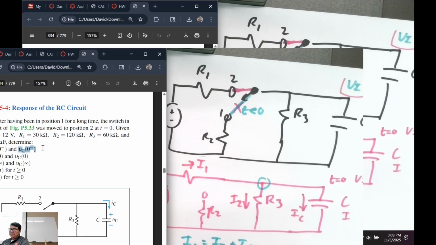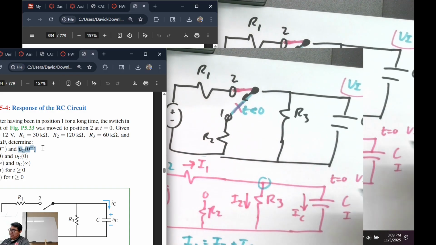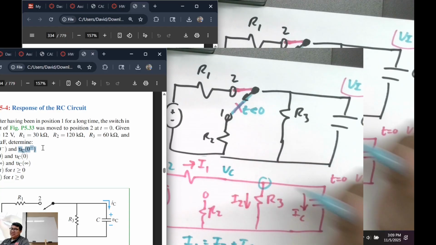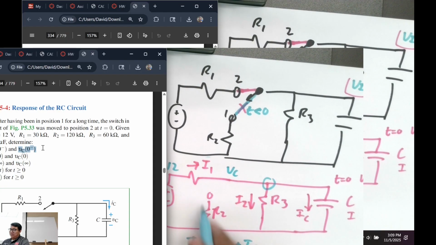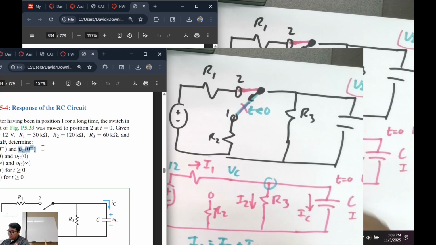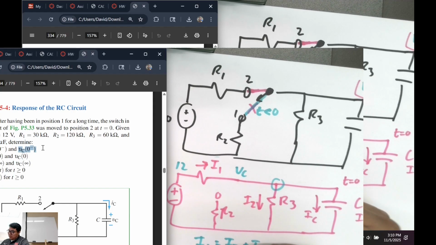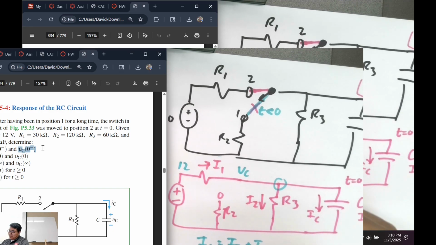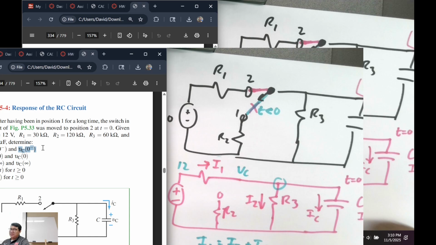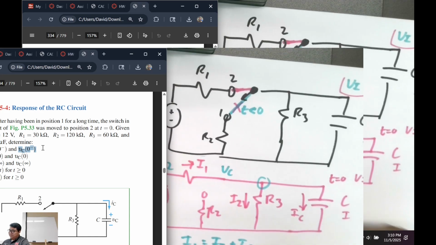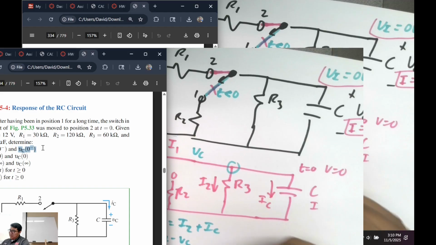What's I1? It's 12 minus whatever this VC is, all divided by that resistor. So if I were to do the following, 12 minus VC over R1 is equal to VC over R3 plus, what's IC equal to?